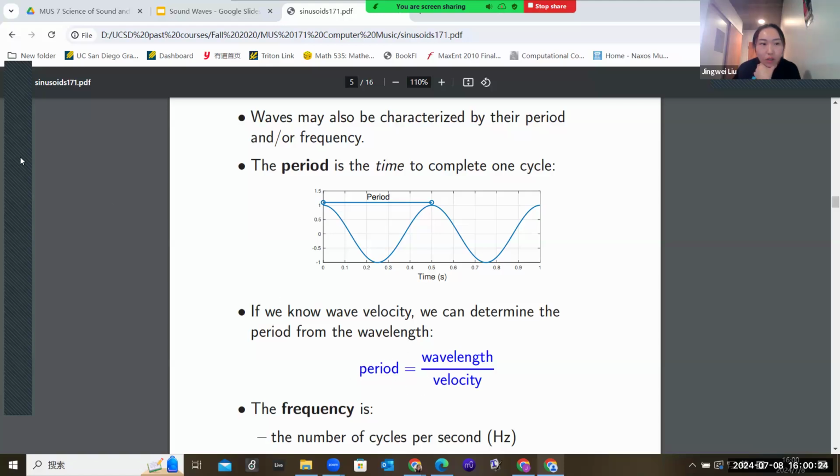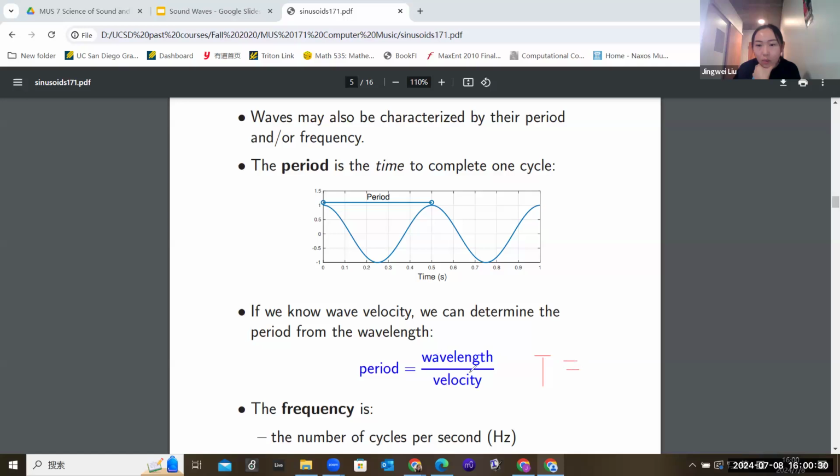Period is given by T, the wavelength is lambda, and the velocity is c. This is the mathematical notation we usually use to describe those quantities. So this is how we compute T from lambda, the wavelength.